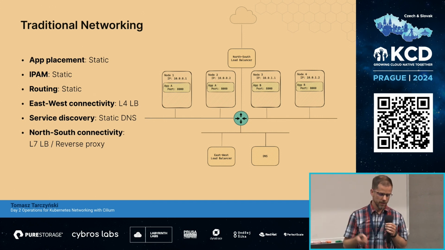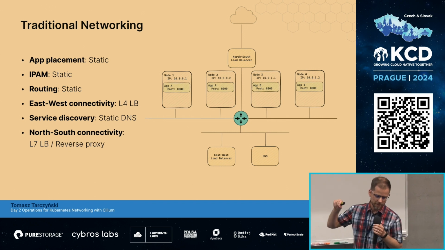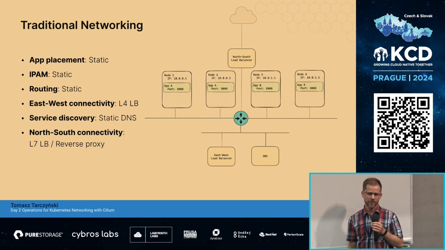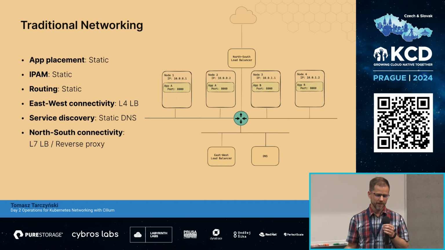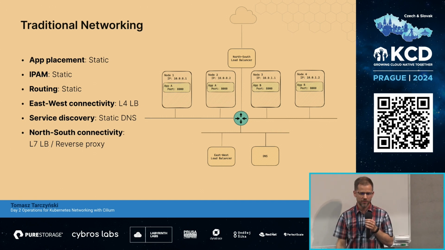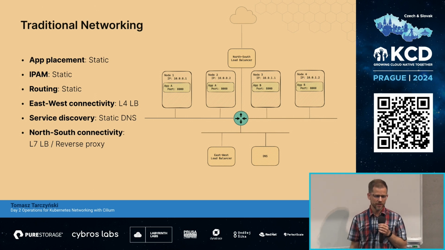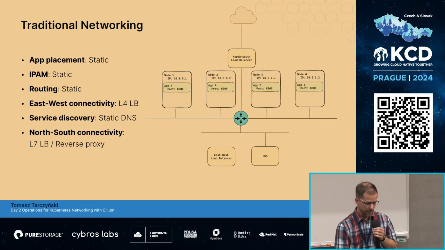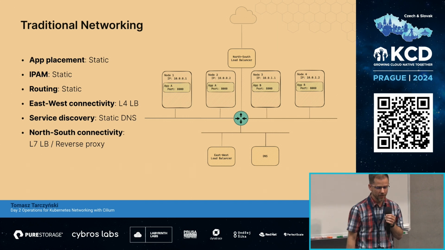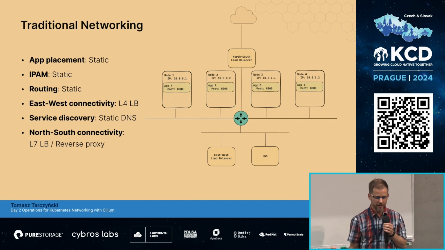So it goes both ways. Your applications might want to connect to the outside world, and similarly, your end users would connect from the internet to your application. So you need to plan for that. For example, with stuff like layer 7 load balancers or a reverse proxy.